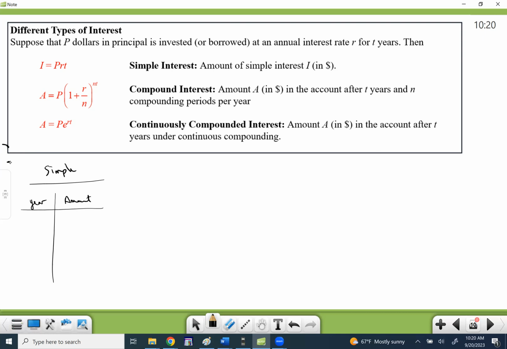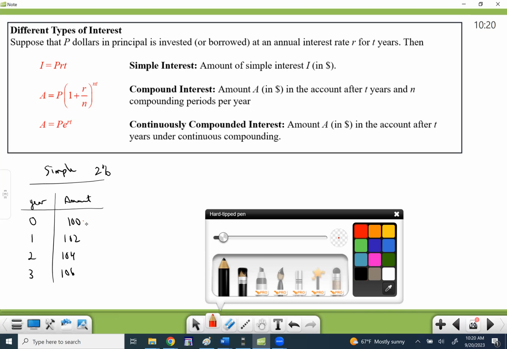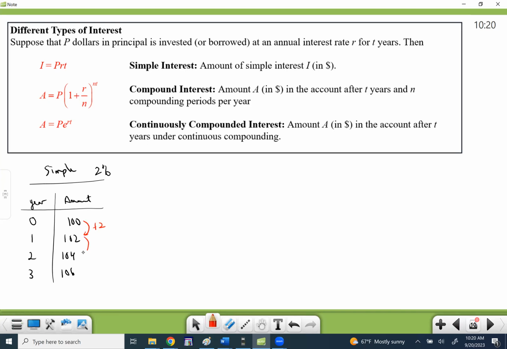So let's say you're starting year 0, you deposit $100. And let's say that you get, I don't know, 2% interest. So you'll get $2 the first year. So now you have 102. You're still going to get $2. You're going to get $2 interest every year. So that's what simple interest would look like for the first 3 years. Okay. It's always going to be plus 2, plus 2, plus 2 every single time. You're not going to get interest on your interest.